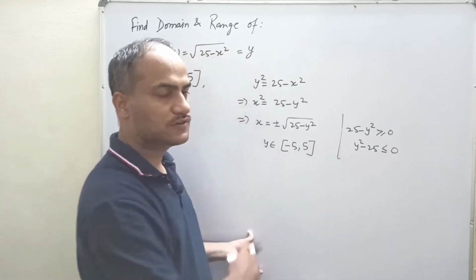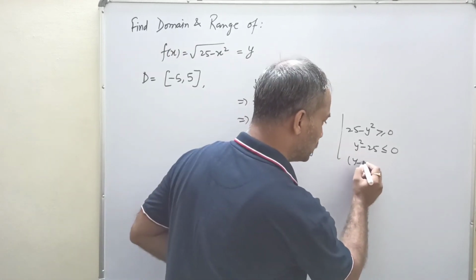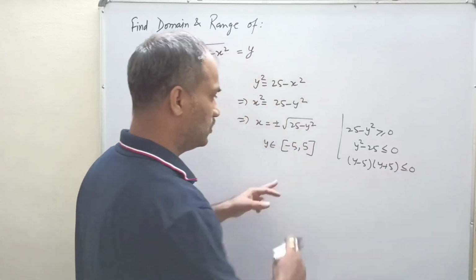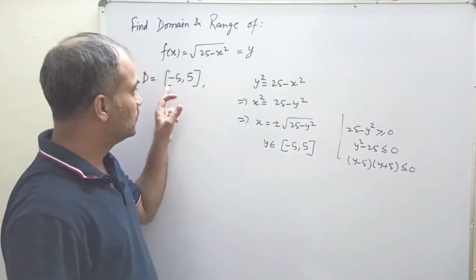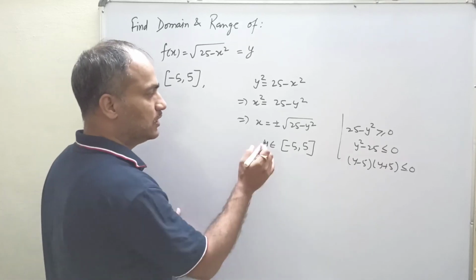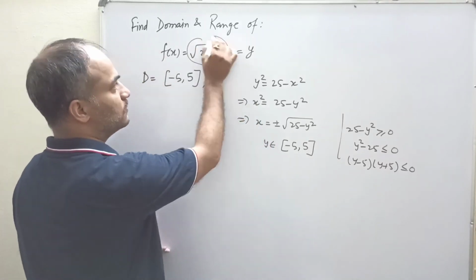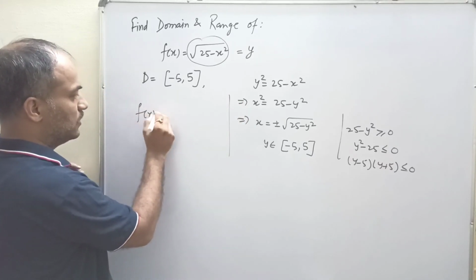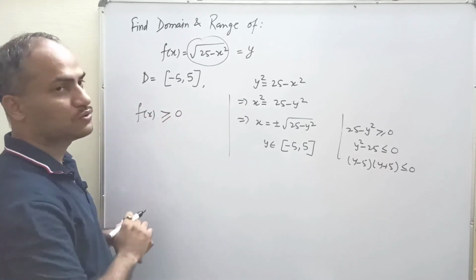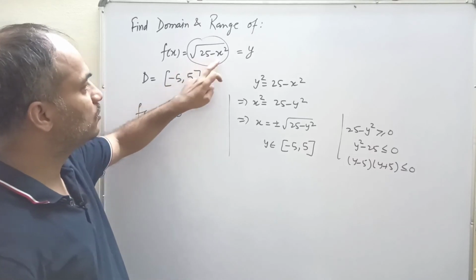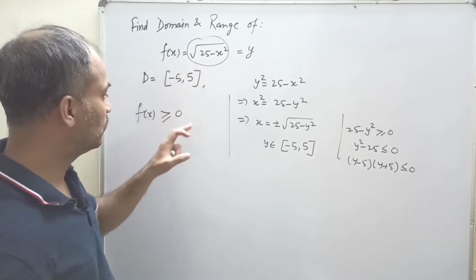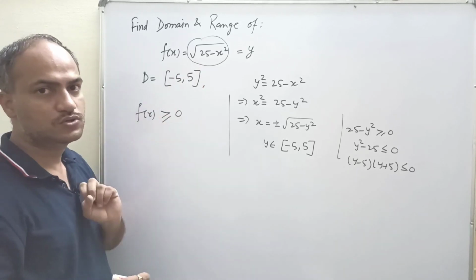Similar to the condition we did, y minus 5 and y plus 5 less than or equal to 0, and we got this range. And we know the function is greater than or equal to 0, because for each and every value of the domain, this is only a square root of something, so this has to be greater than or equal to 0.